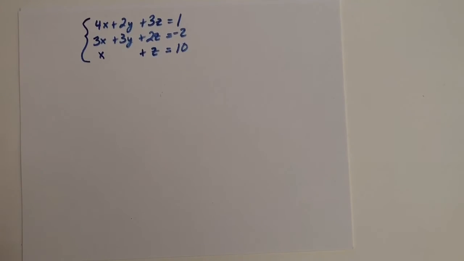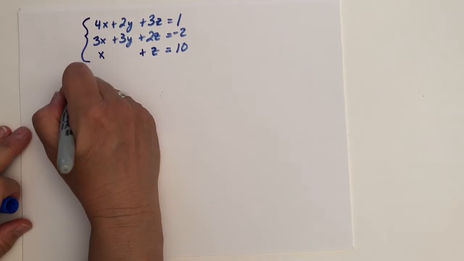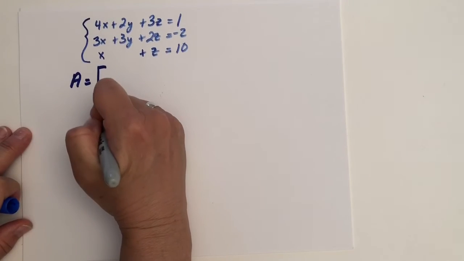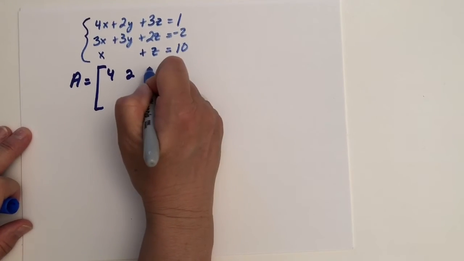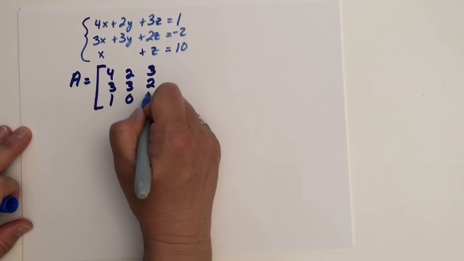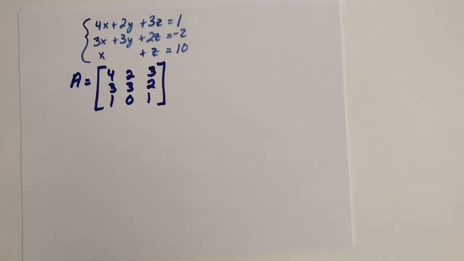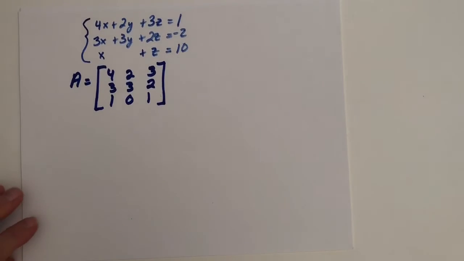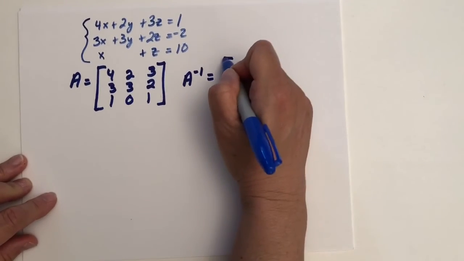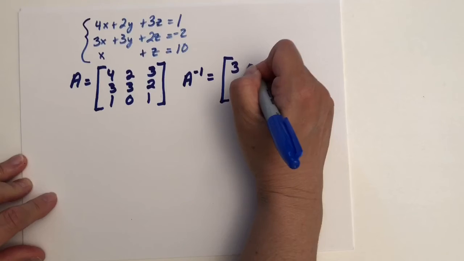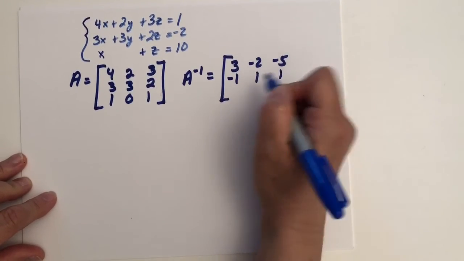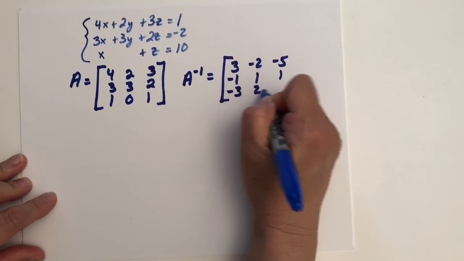Now, our A would equal the coefficients of our variables. So A would be 4, 2, 3, 3, 3, 2, 1, 0, 1. Now let me just tell you what the inverse of that matrix is. It's equal to this. 3, -2, -5, -1, 1, 1, and -3, 2, 6.